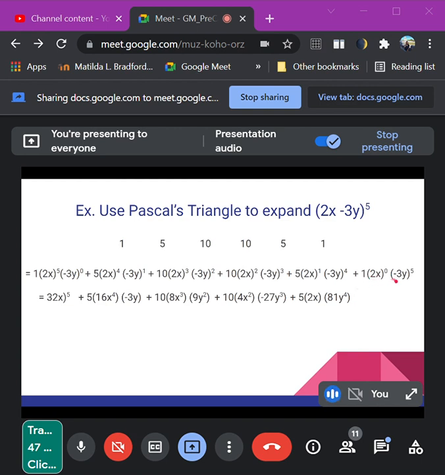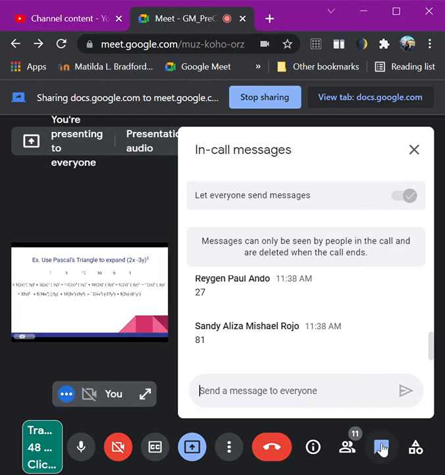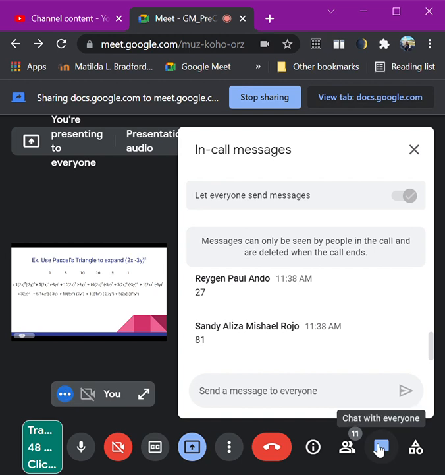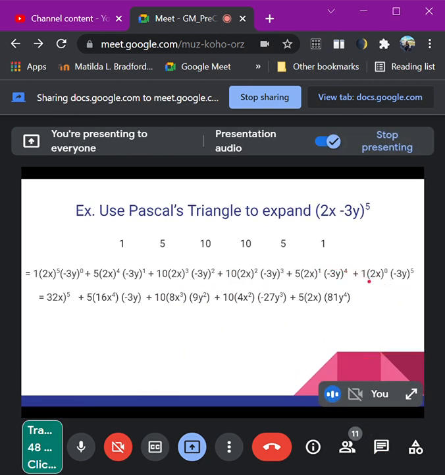And then the last one, you have there this. This one, we have the last term na. So, this one is raised to the power of 0, so equivalent to 1. So, ari ta sa atong negative 3y raised to the power of 5.